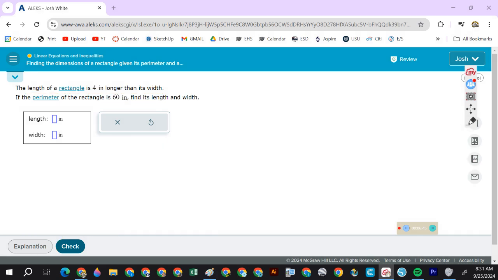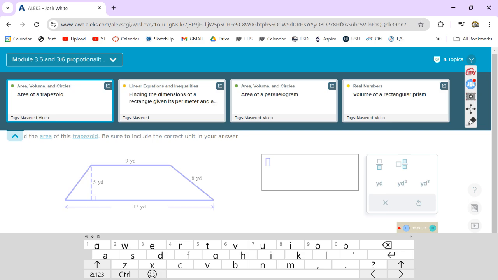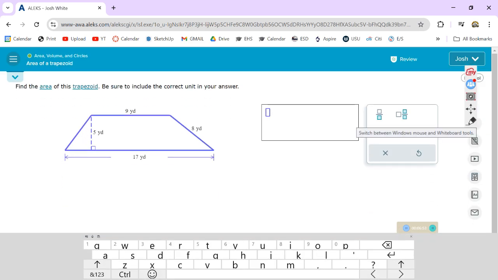All right, last one. All right, area of a trapezoid. This is a little bit harder to do because we're not necessarily going to have any sort of symmetry. So this cutting and moving thing is not going to work like it did with parallelograms.